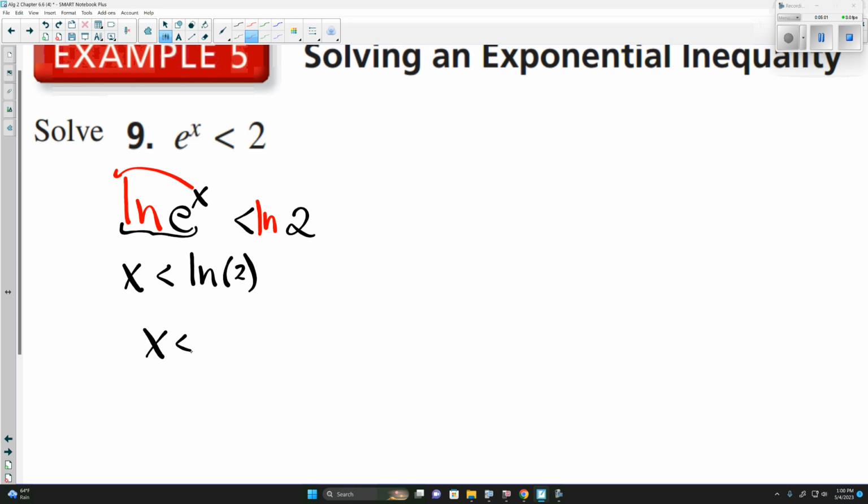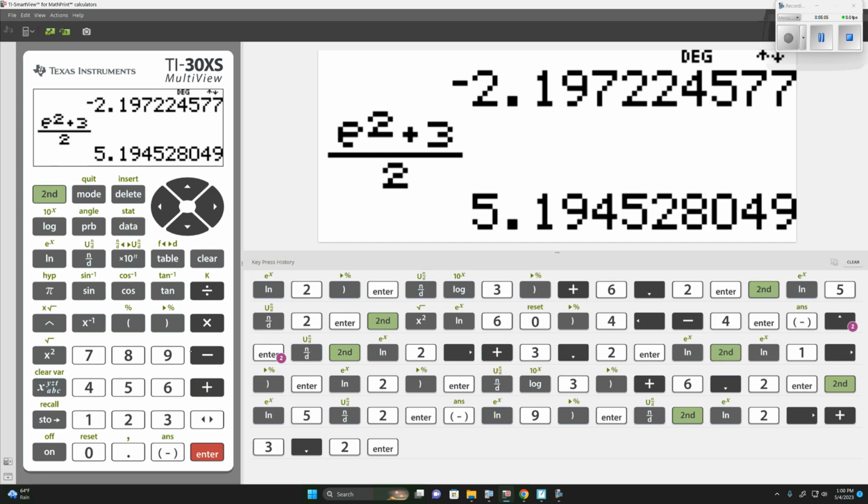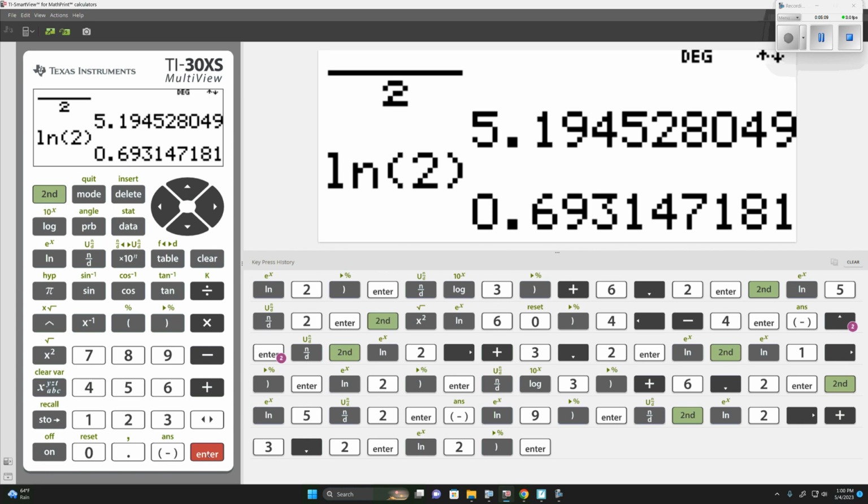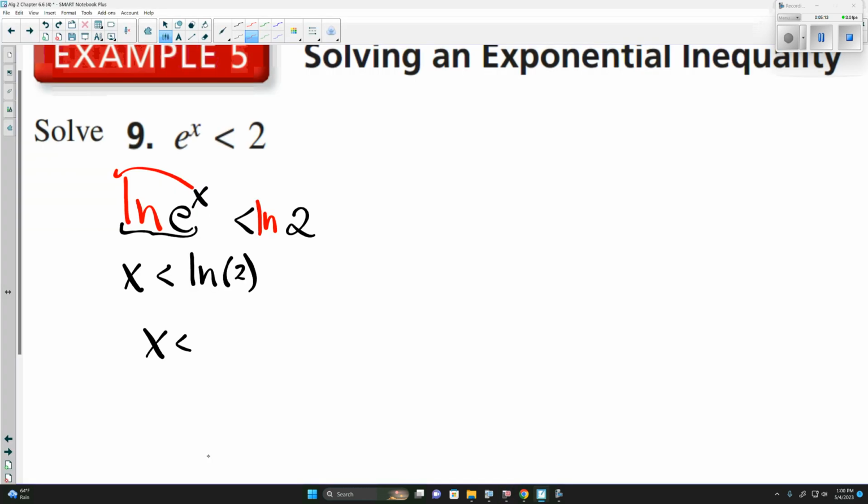At this point, we just need to evaluate the natural log of 2, which is about 0.693. So as long as we have something less than 0.693, we will have a true solution. Questions on any of this here?